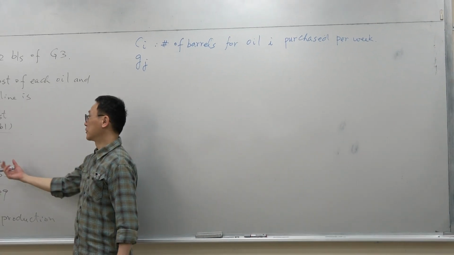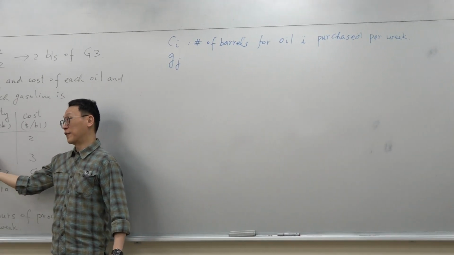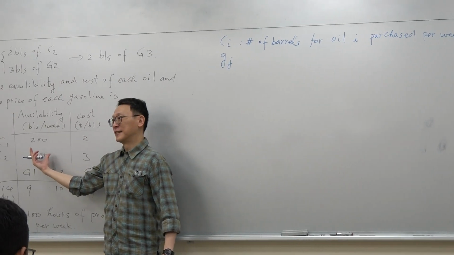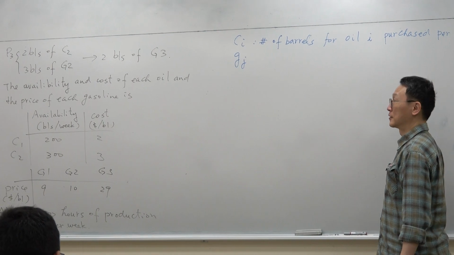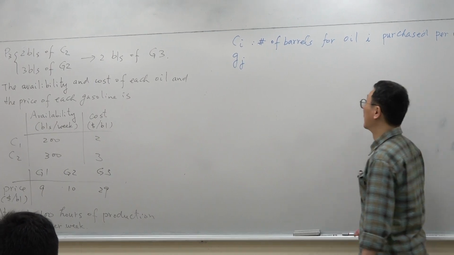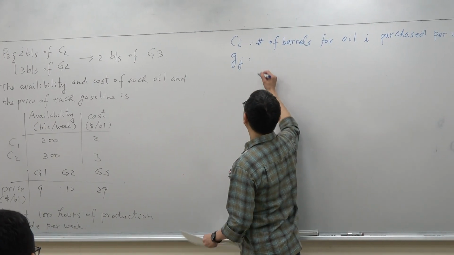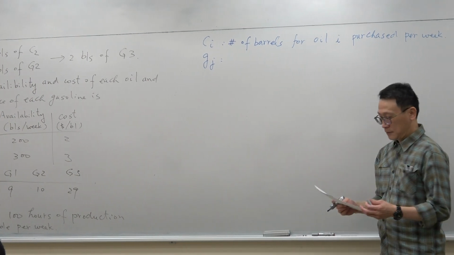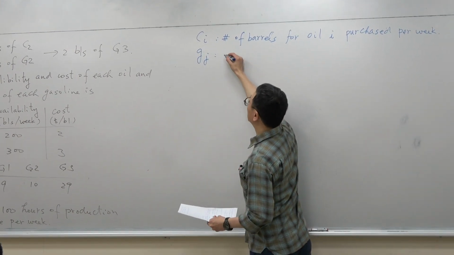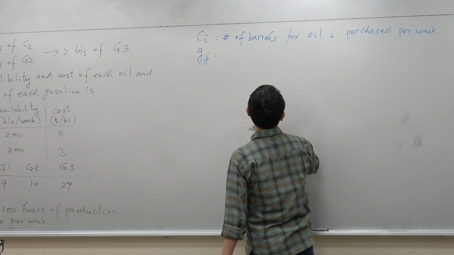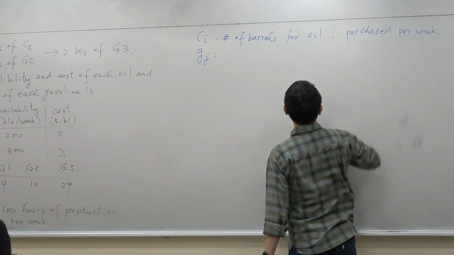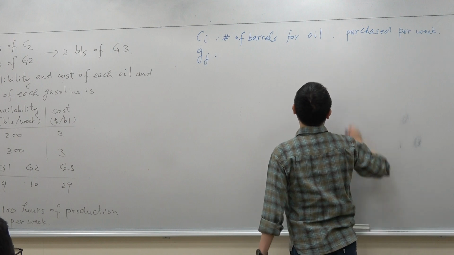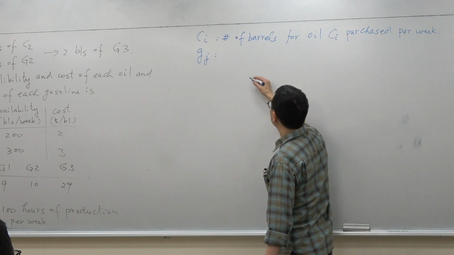Why do we need that? Because here we have availability. We purchase some barrels. Okay? We can say this one is C_i. We can also say that's a C_i.